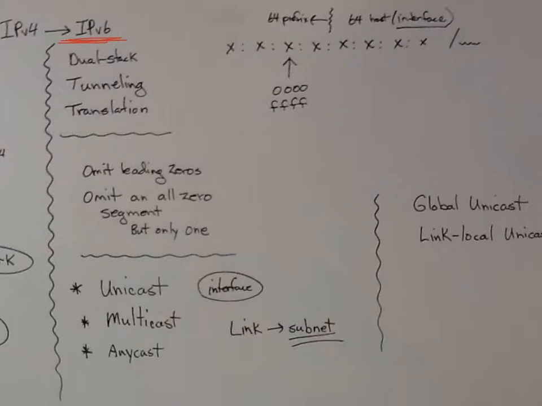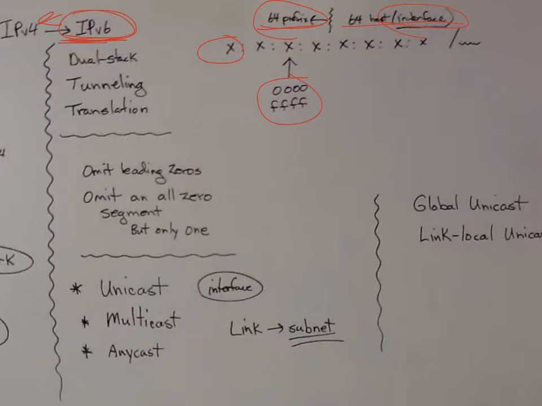Then we went to IP6. Not enough addresses, and IP4, IP6. And then here we also talk about the prefix and the interface. We'll mention more of that a little bit. But we have these groups, right?